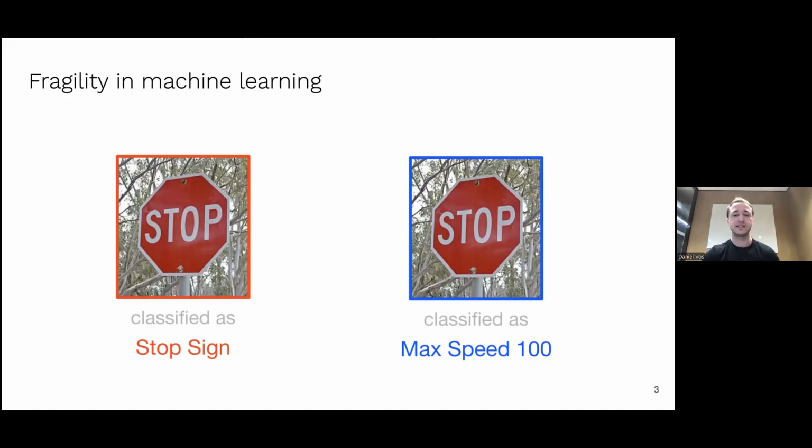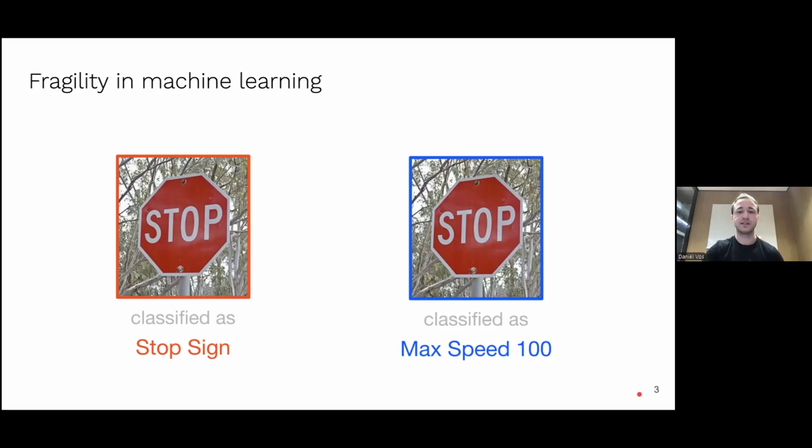And what is actually the difference between these two pictures is that the picture on the right is similar to the one on the left, but each pixel inside this picture has been shifted by a few values to make every pixel slightly different. So very carefully crafted noise is added on top of the image, and this is enough for the neural network to completely misclassify it.